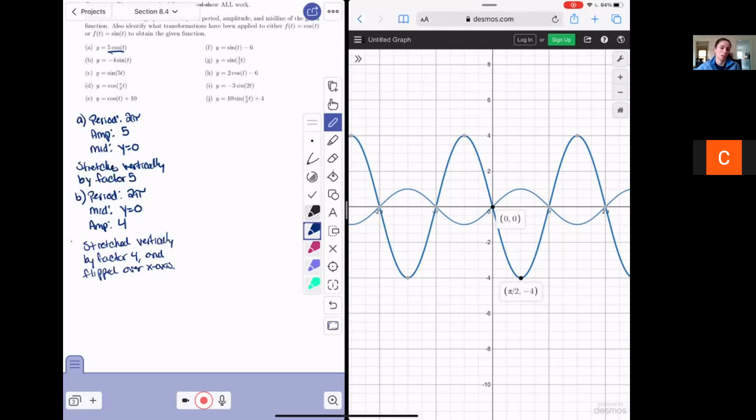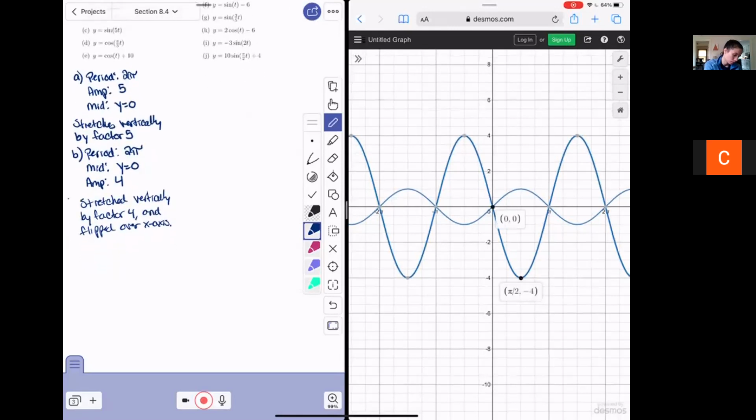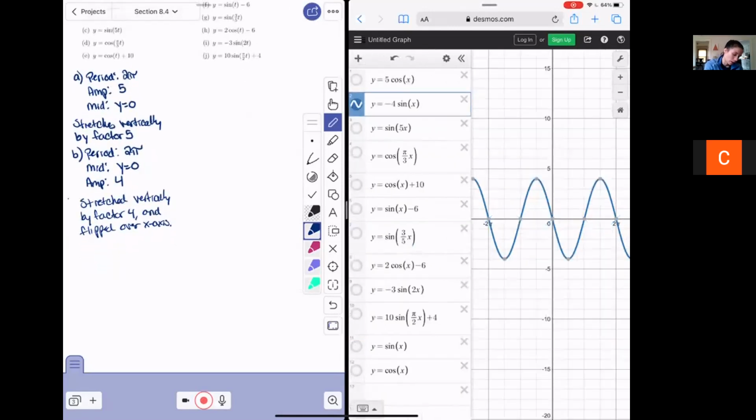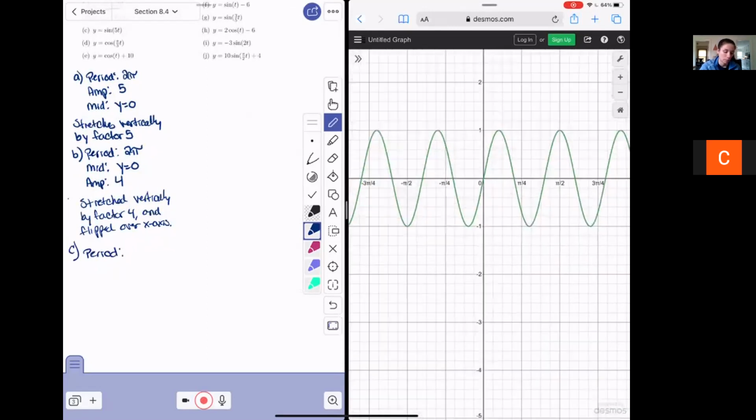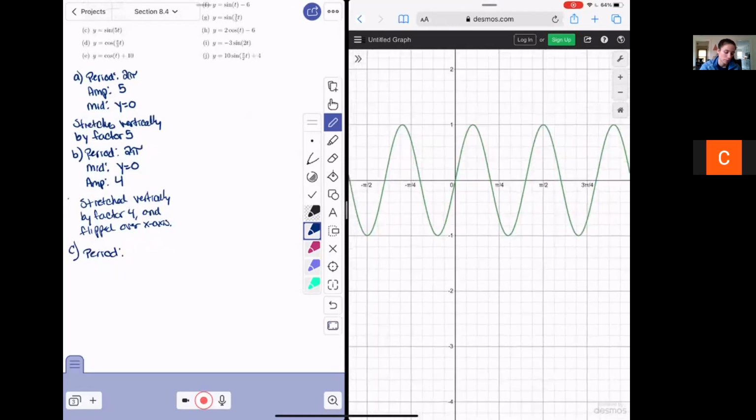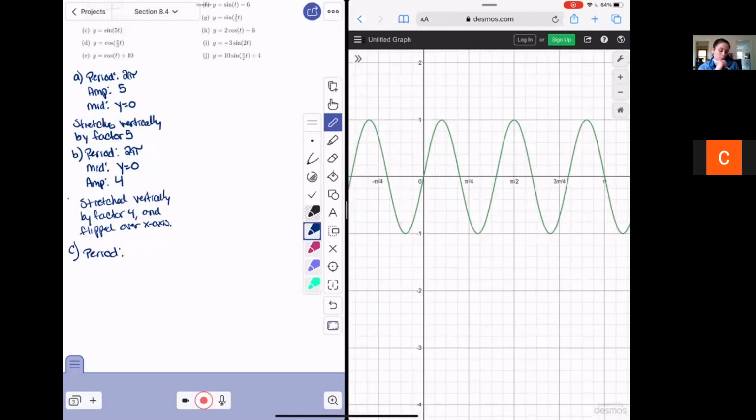Okay, moving on to C then. Clear my graphs. All right, C is y equals sine of 5t. So for C, we have to zoom in a little bit so we could see more what's going on.